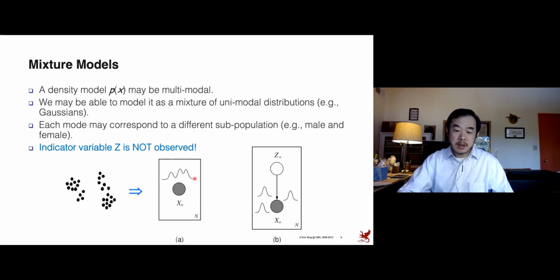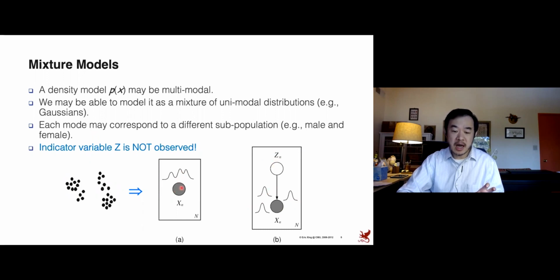But if you want to be a little bit more careful in inspecting this, you may be able to realize that this whole thing may be an addition or summation of 3 component Gaussians, like this. And this z can be taken as an indicator for every point.